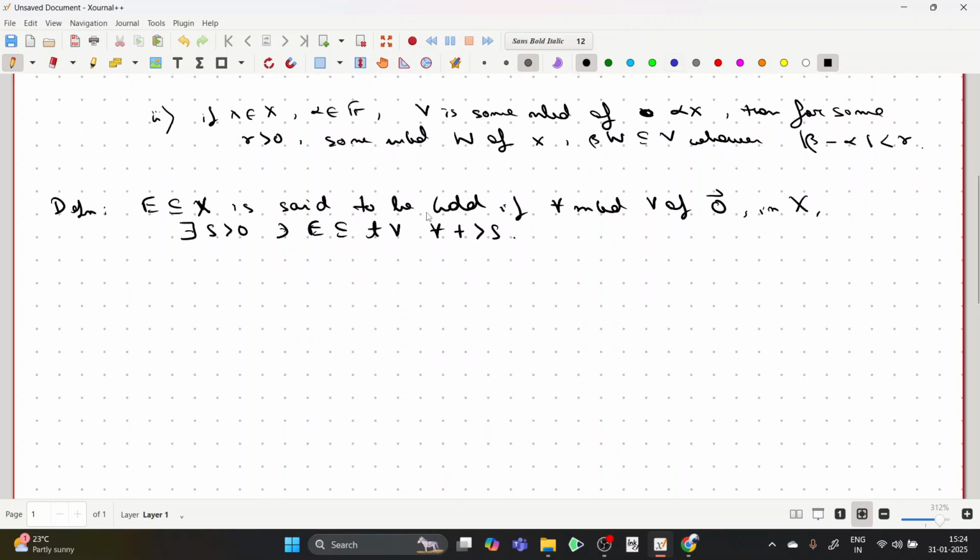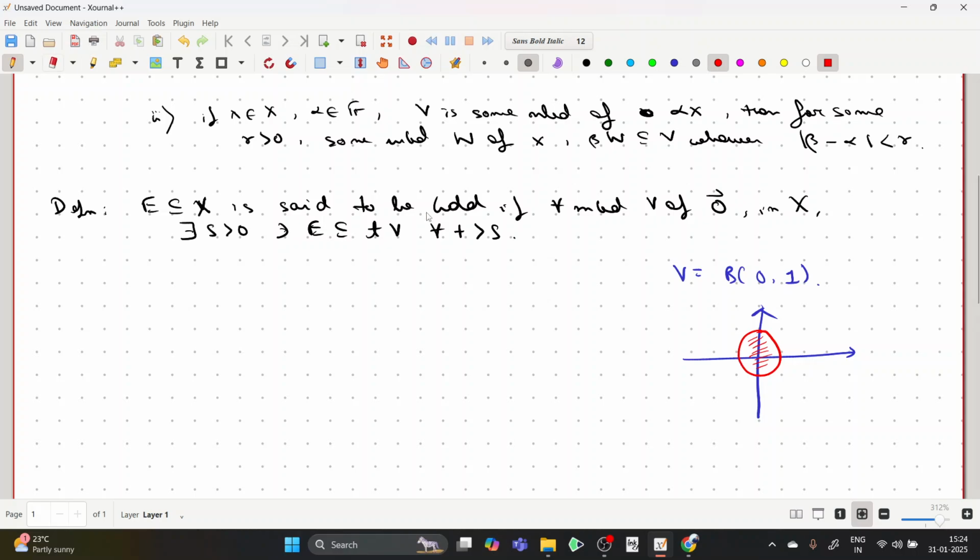Let us quickly construct an example to understand what it's trying to say. Suppose V is the neighborhood around the origin of radius, let's say, 1. Let me draw it in the Euclidean plane. V is this open disk.